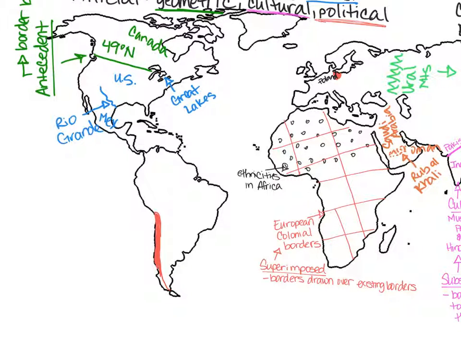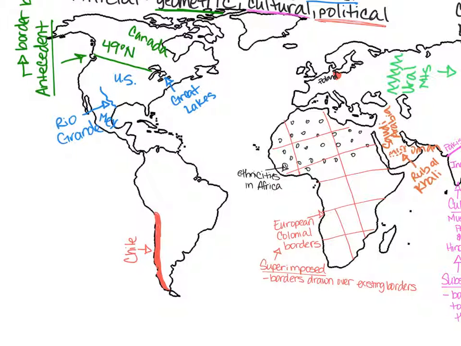Now, while it is kind of skinny, this is a little bit more difficult to rule because it's real long, okay? And Chile is also really mountainous, so it's kind of difficult to rule because in mountains, little groups can form that are kind of like, we're not going to listen to your laws. Okay, so they kind of start forming their own issues. So if anybody has Chile in here, that's an issue.